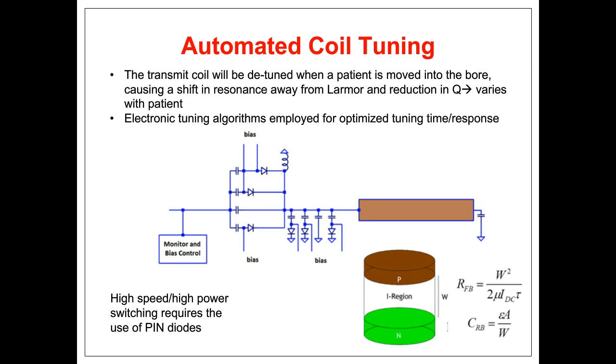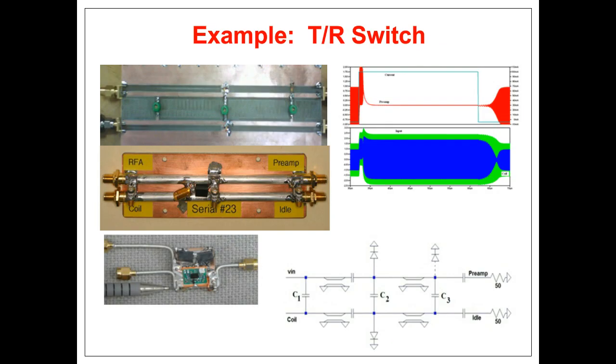So just by changing the bias, you can go from low impedance approximating a short circuit to a high reactive impedance, denoting an open circuit. These are very helpful, for example, in TR switches. And here's a couple of examples using a TR switch that could be used for MRI.